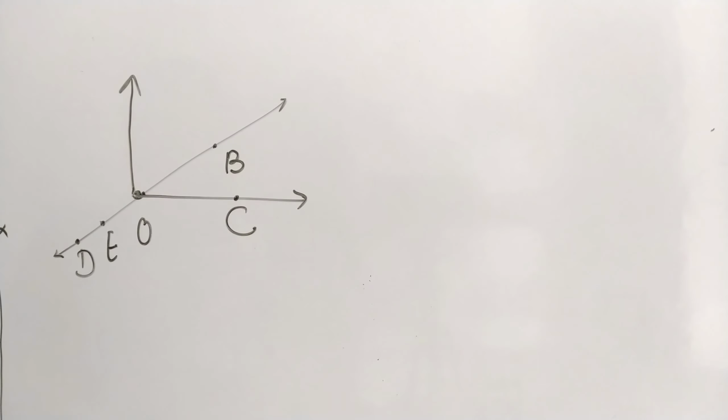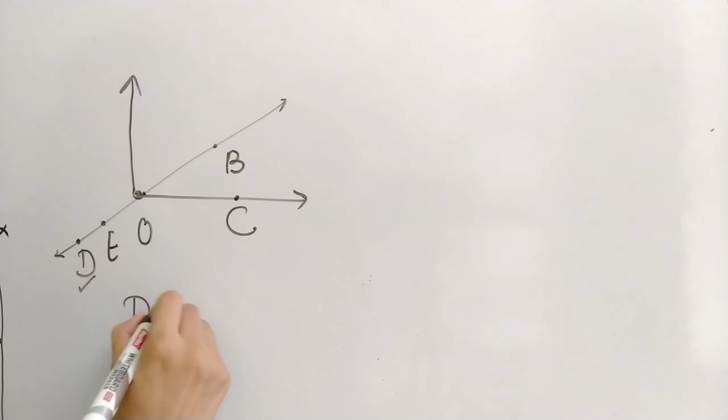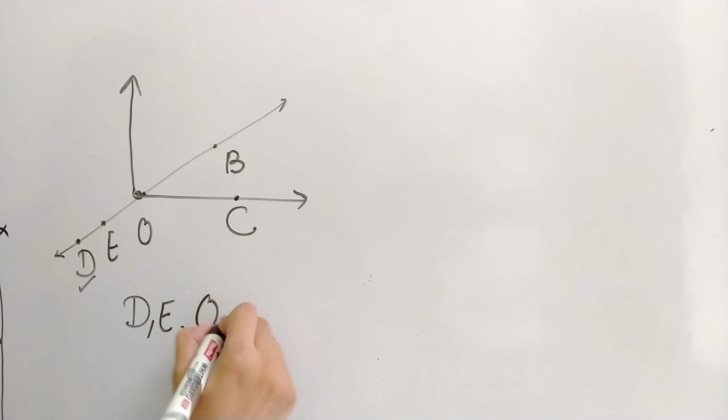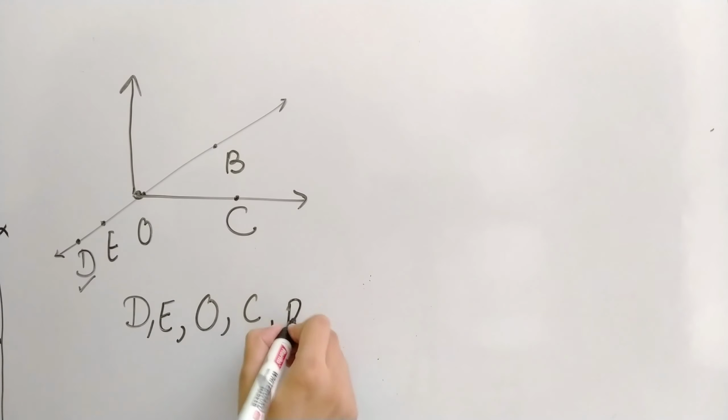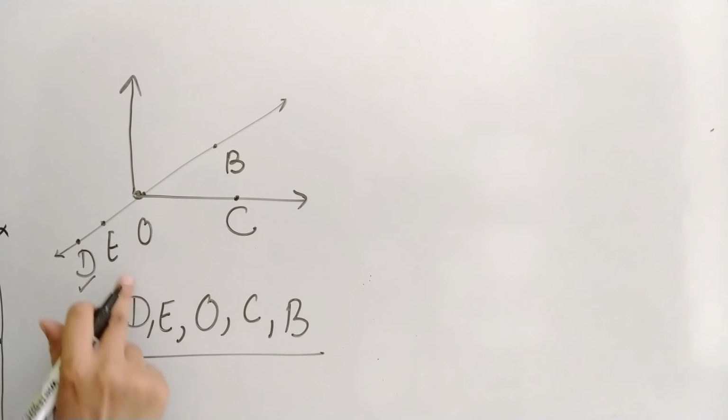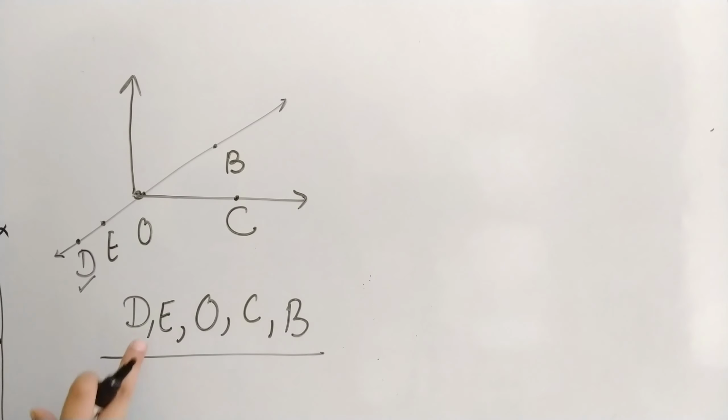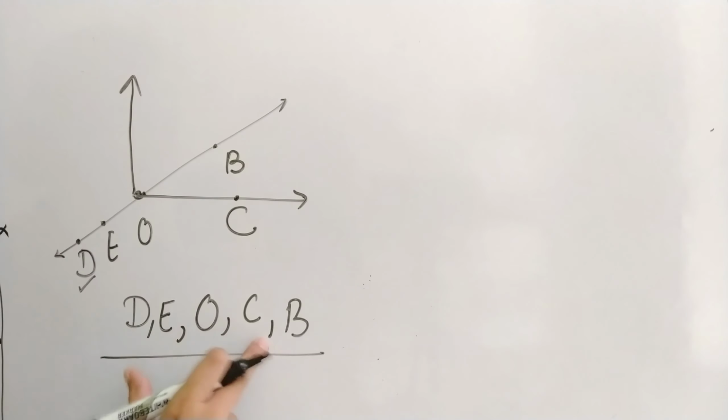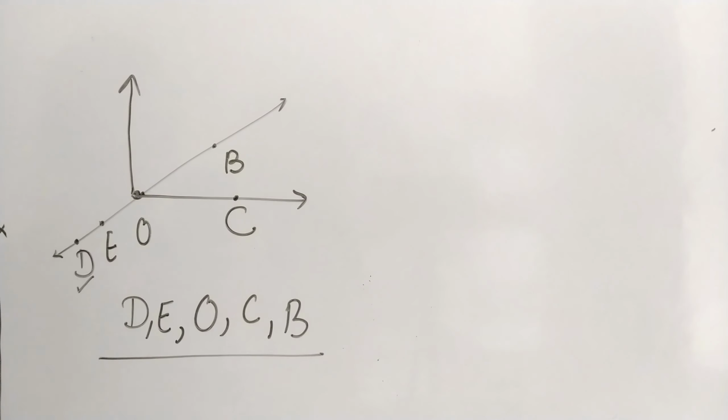Now the first question is you have to name 5 points. What are the points over here? Points are D, E, O, C and B. For writing out points, no lines are required. You have to write one single alphabet at a time and provide commas in between. So this is the indication of points.